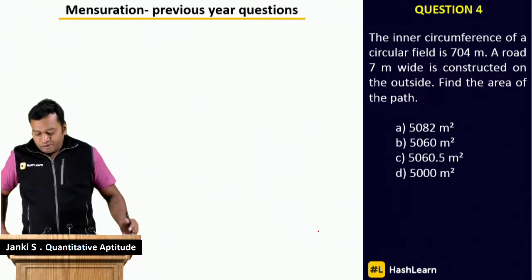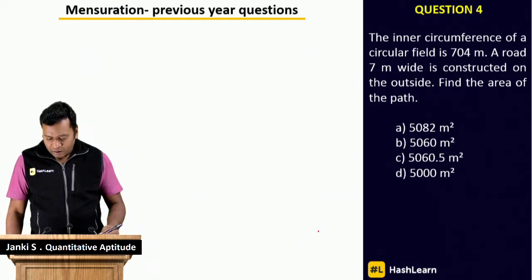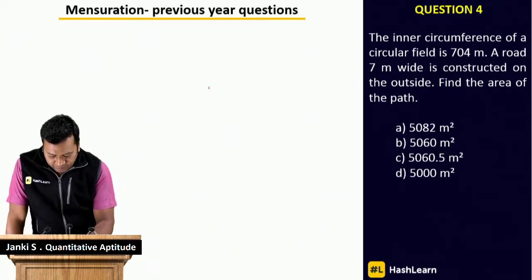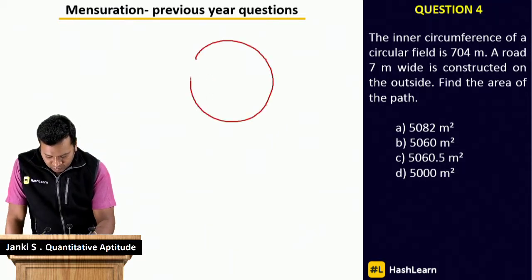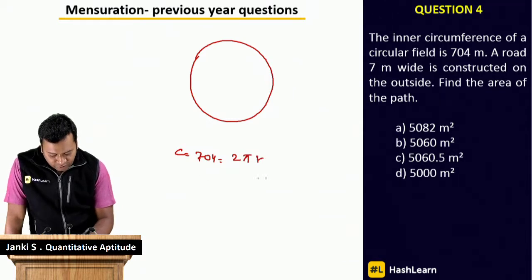The inner circumference of a circular field is 704. तो एक सर्कुलर फील्ड है with circumference as 704. इसका मतलब nothing but 2 pi r. So let's find out the value of r.